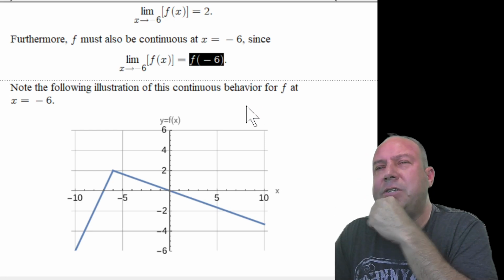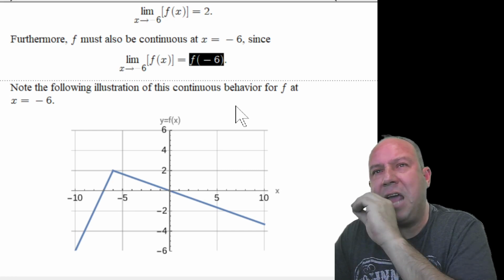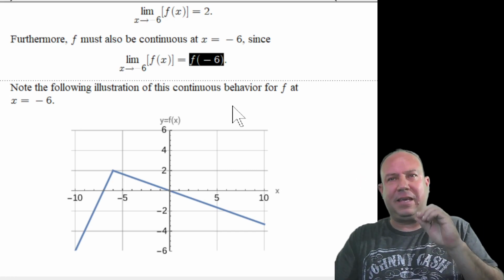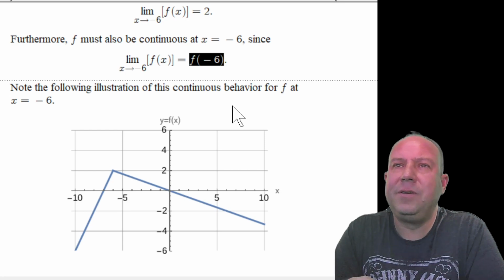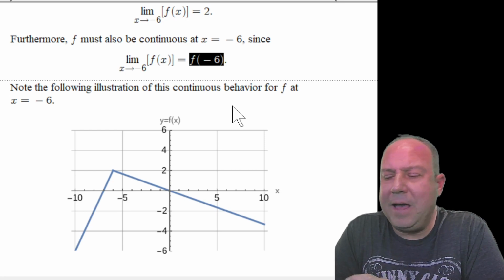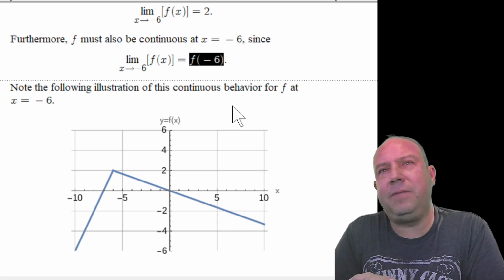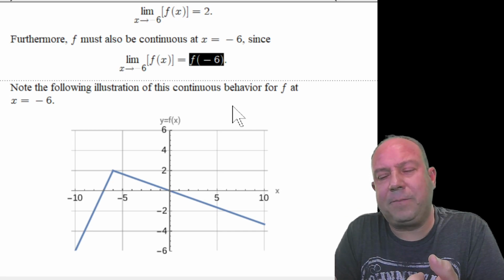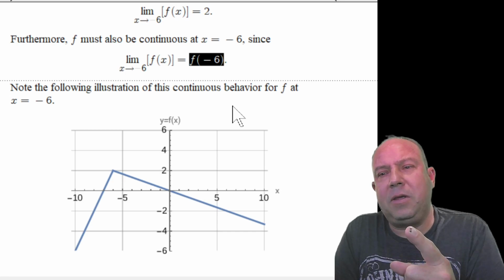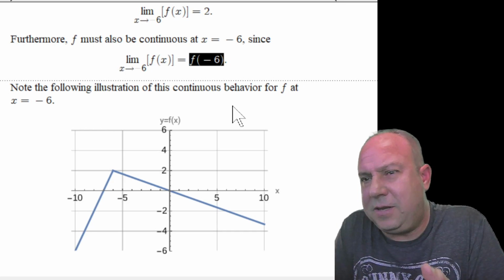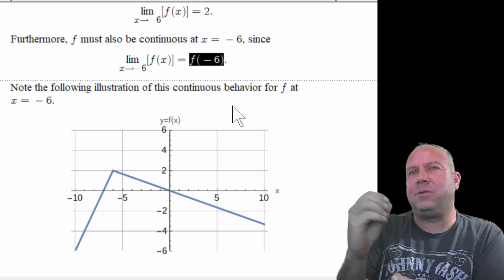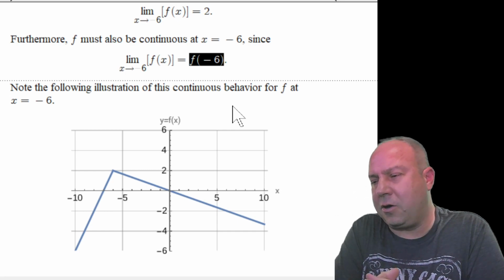It's just going to be the dependent value of the function at that approached independent value. That's when you have continuity, or at least when you have the first criterion from continuity. If you have continuity, that first criterion has to be true, and that's what allows the substitution method to work.